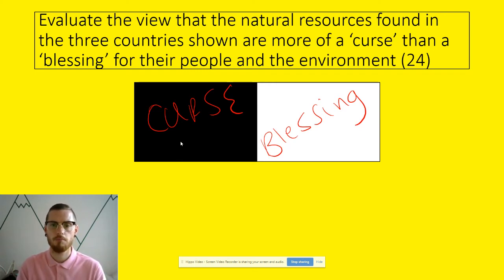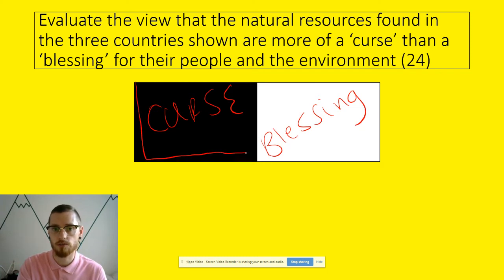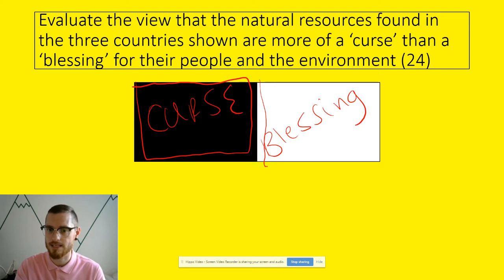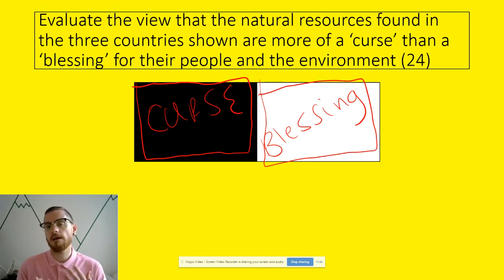It's really, really black and white, with no real difference between the points within curse and all the points within blessing. I think for level 4, we need to be better at evaluating than that.